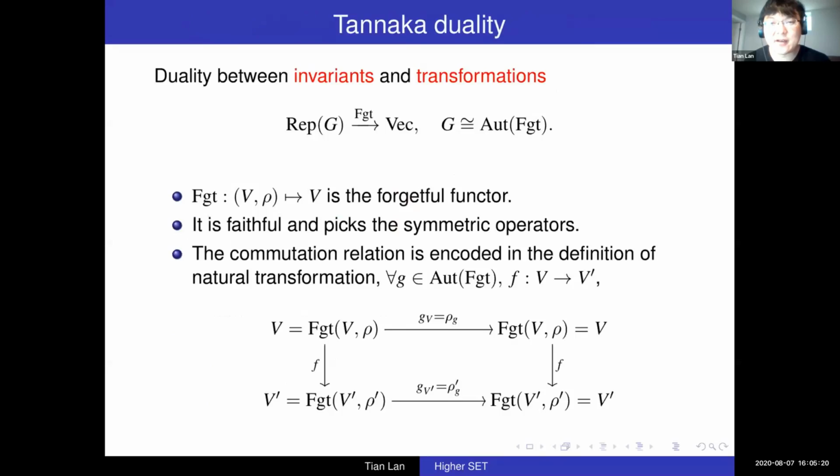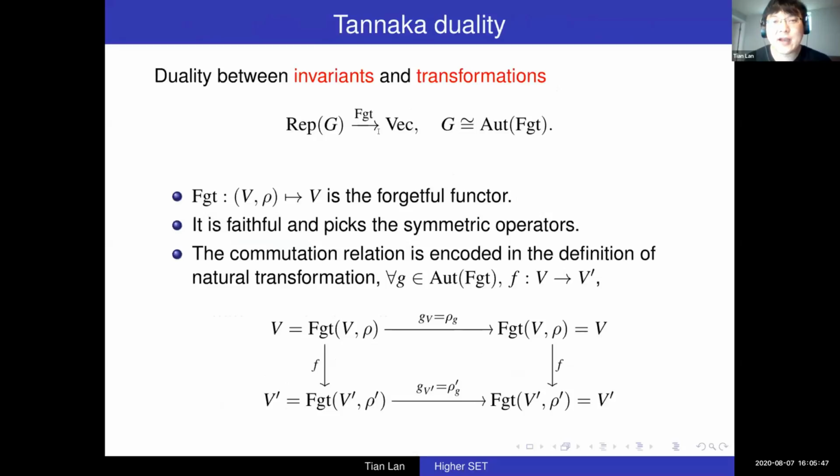And there is a famous duality, a Tannaka duality, that relates the group to the categorical description. Basically, the categorical description is the permutations, or symmetry charges, or conserved quantities. There are some invariants, physical macroscopic observables.